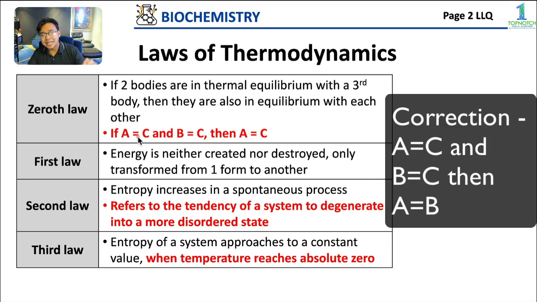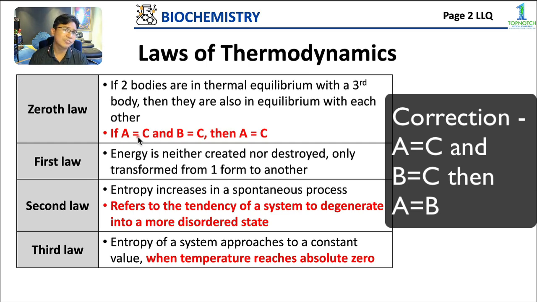For example, light energy coming from the sun becoming stored as chemical energy inside the leaves of the plants. That is a form of the first law. Nagbago siya ng form lang from light energy to chemical energy, but still, hindi ka gumawa ng panibagong energy. Nagbago lang yung form niya.